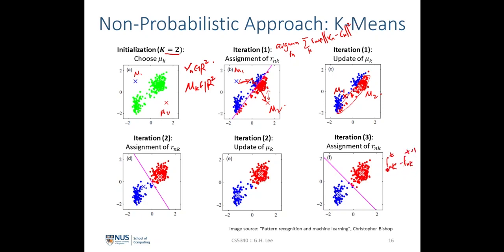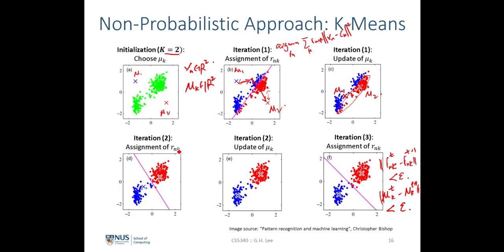So this minus this is less than a certain threshold, as well as mu_k at t minus mu_k at t plus 1. If this is also less than a certain threshold, then I will say that the algorithm has converged, and I will terminate the k-means algorithm.